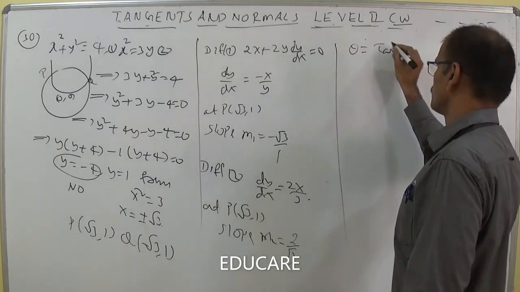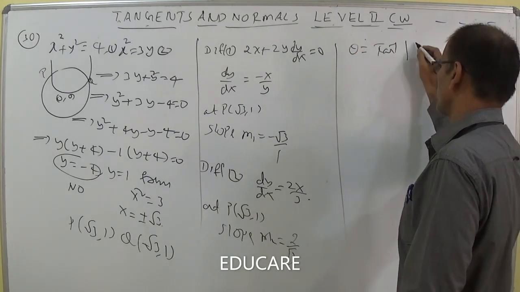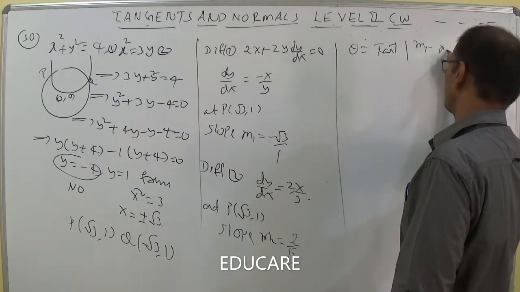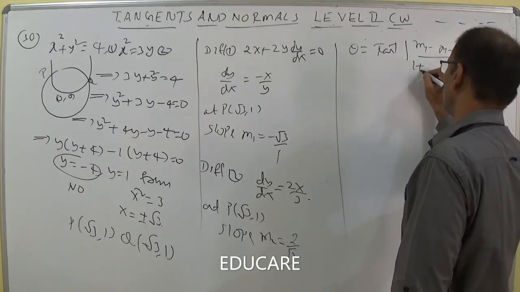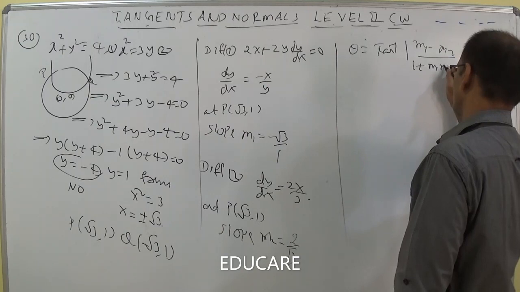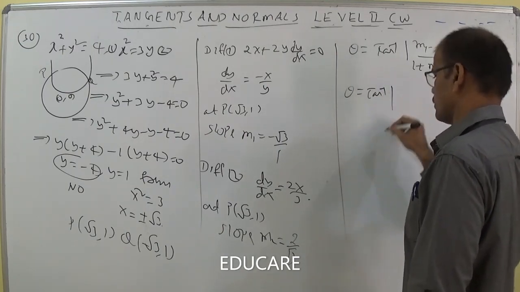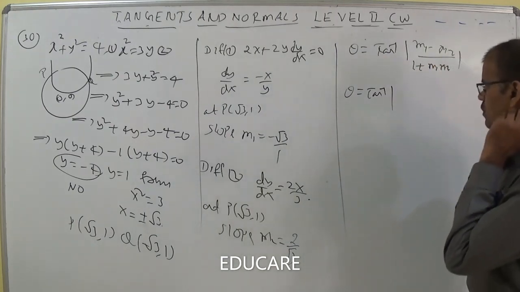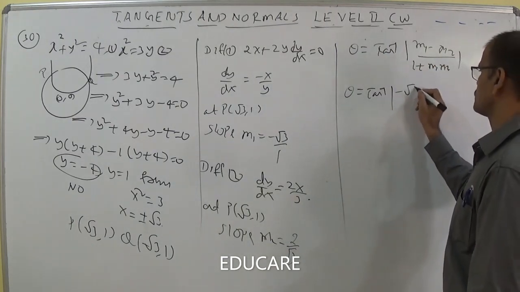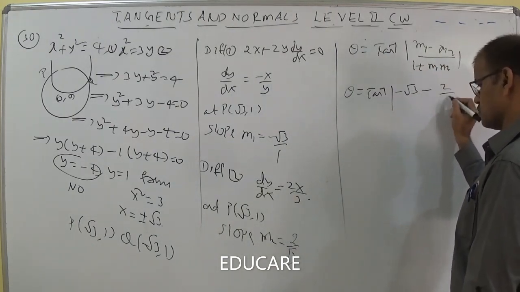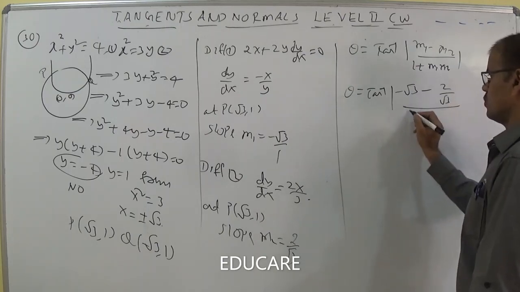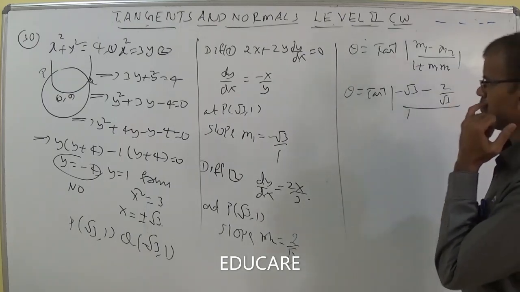Theta is equal to, using the formula, tan inverse of (m1 minus m2) by (1 plus m1 m2). So theta is equal to tan inverse of m1, which is minus root 3, minus m2, which is 2 by root 3, whole by 1 plus m1 into m2.